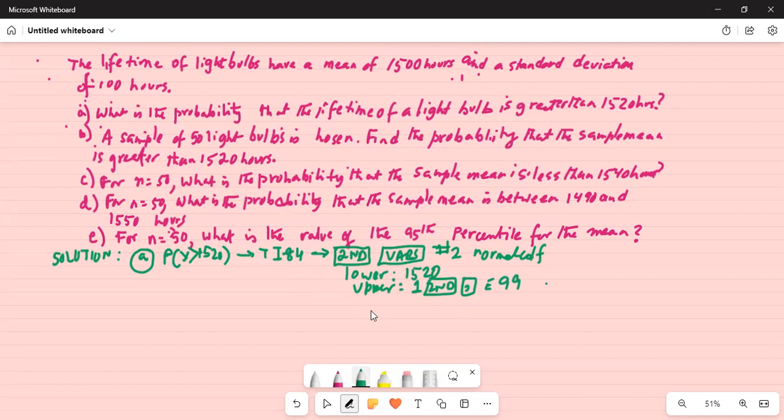And my mean is equal to 1500 hours, and my sigma is equal to 100 hours. Then I go down to Paste and hit enter twice.